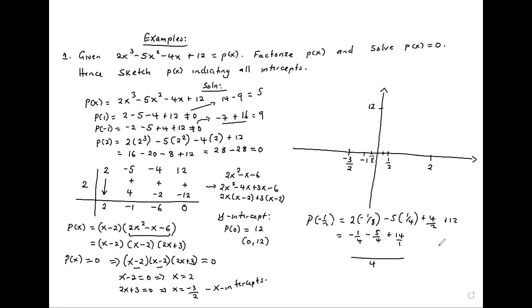Get 4 down, we'll get negative 1 minus 5 plus 14 over 4, plus 56. So we get 56 minus 6, we get 50/4. 50/4, 1 remainder 1, and 2 remainder 2, 12.5.